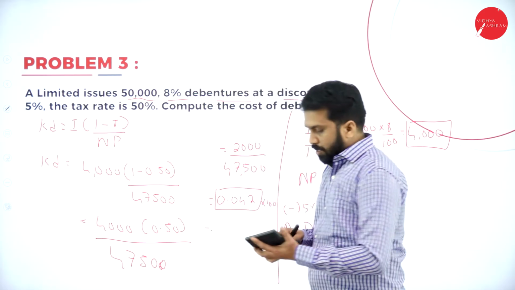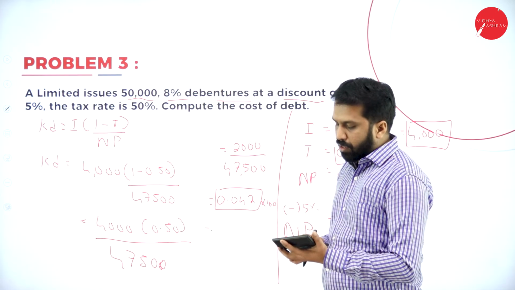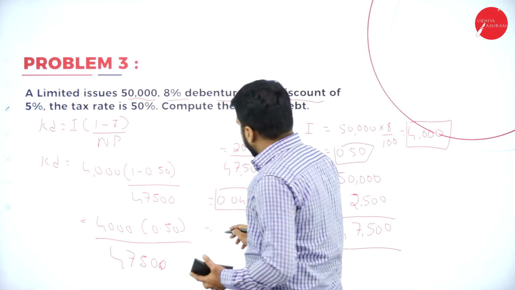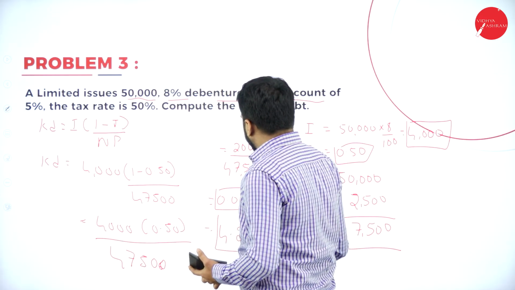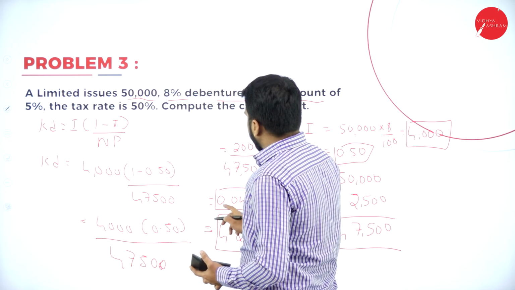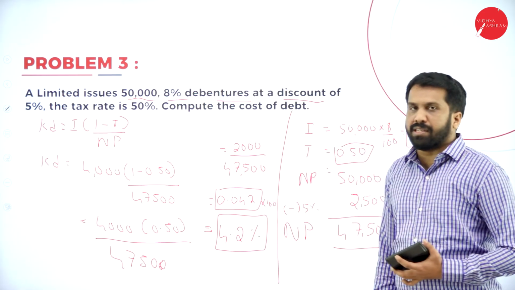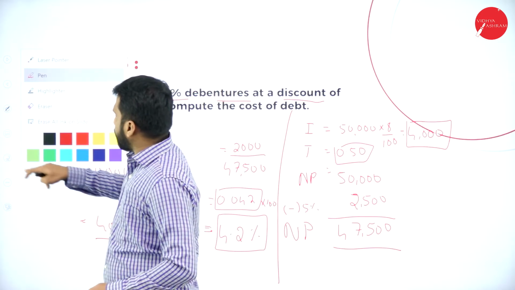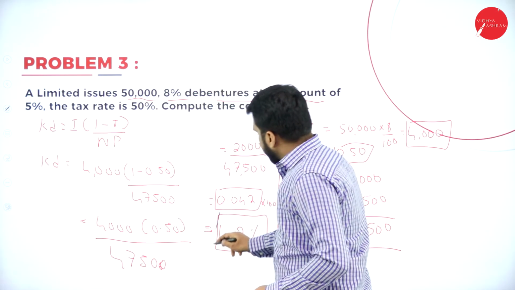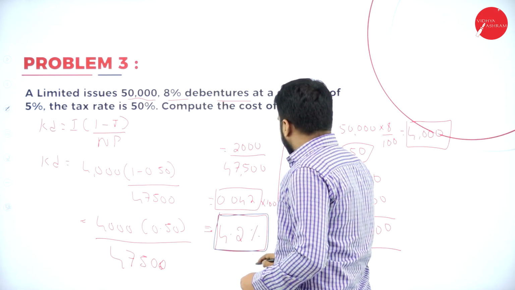How much did you get? Into 100, you got 4.2%. Hope you understood. Any doubt up to this? So the final answer, as I told you. So this is your final answer.